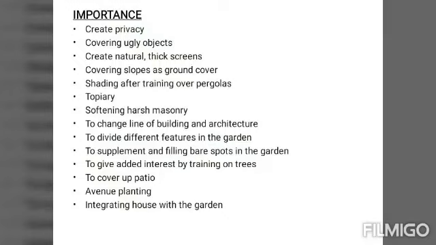So it helps to divide the different features in the gardens, and to supplement, and fill bare spots in the garden. If there is any bare spot, you can plant this climber and make it spread there. Okay, so it will cover or fill the bare spot in the garden.